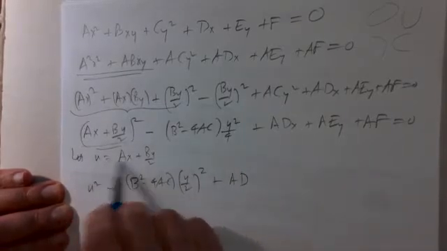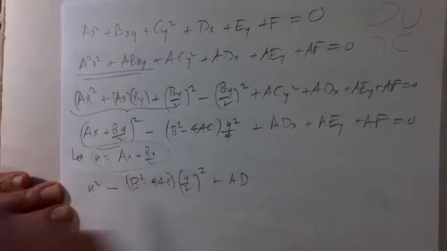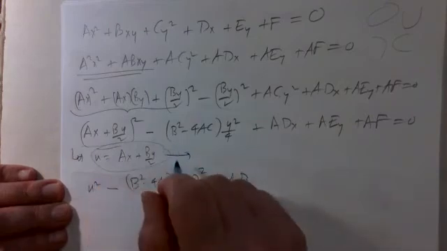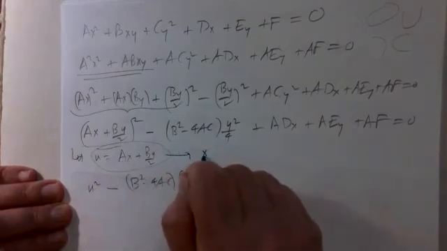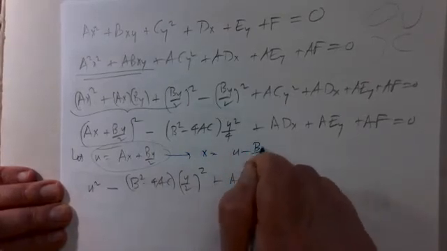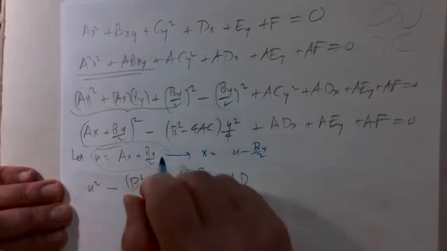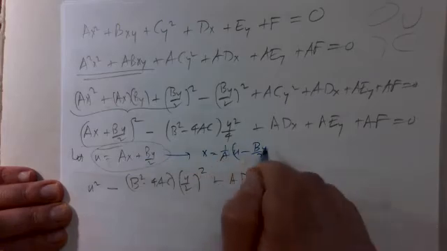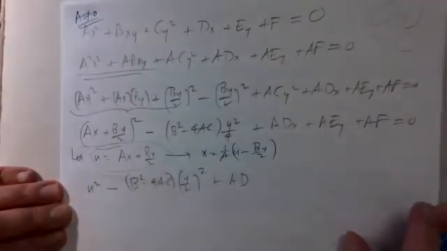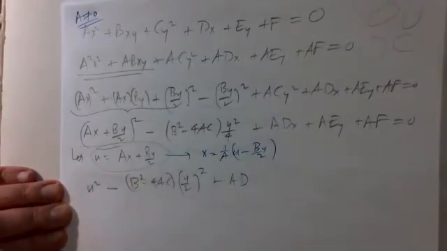Let's see, from this equation, if I solve for x, x is equal to u minus by over 2, divided by a. Let me just make sure I assume a is different from 0.